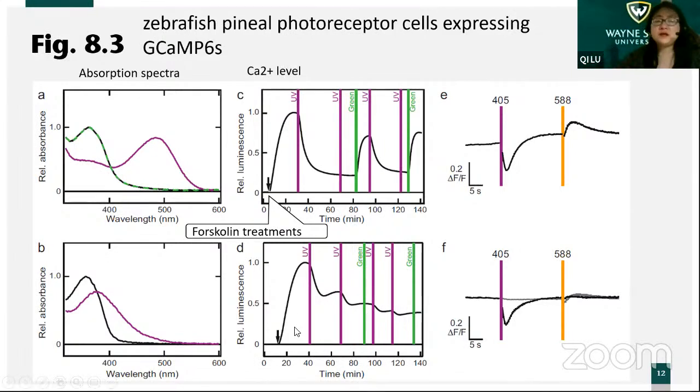So it means that the goldfish opsin is not bistable. However, the parapinopsin is bistable and can be recovered by a different wavelength of photons.